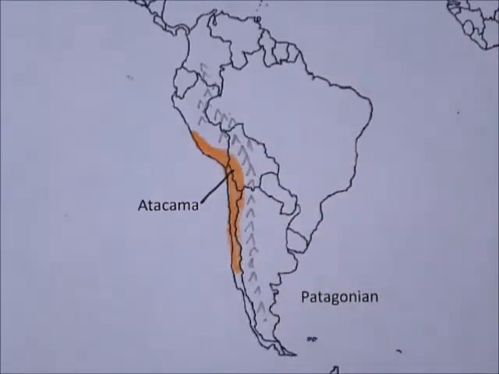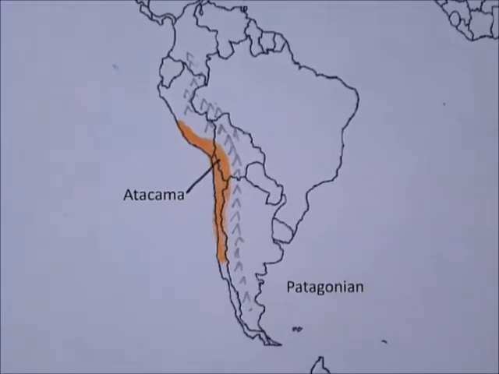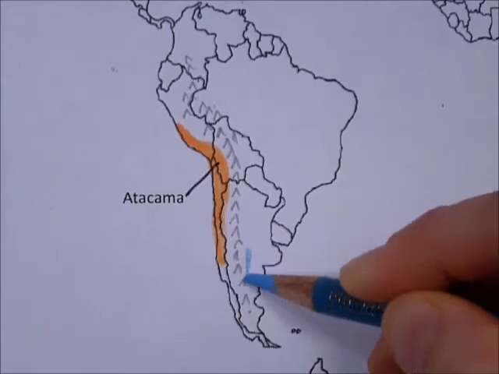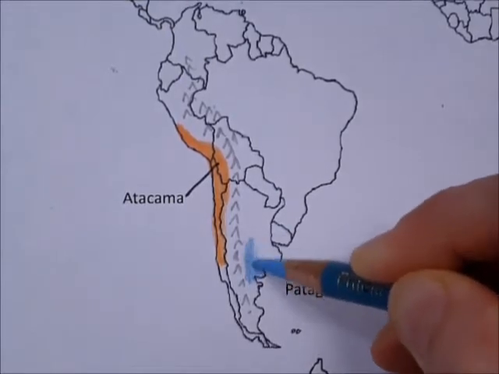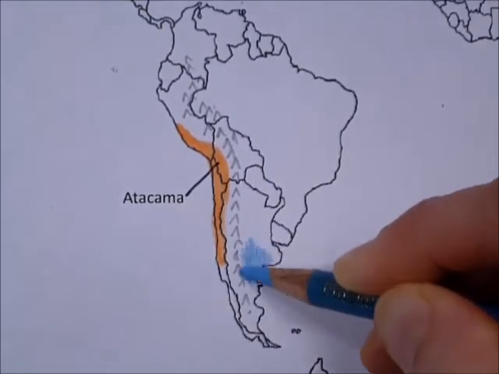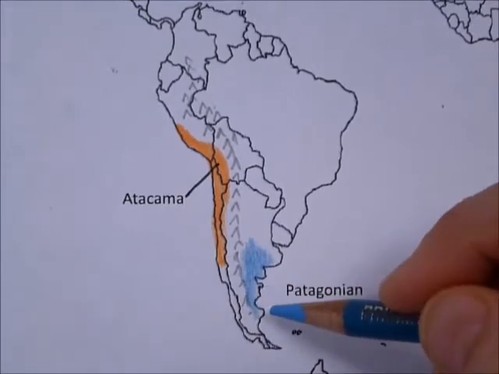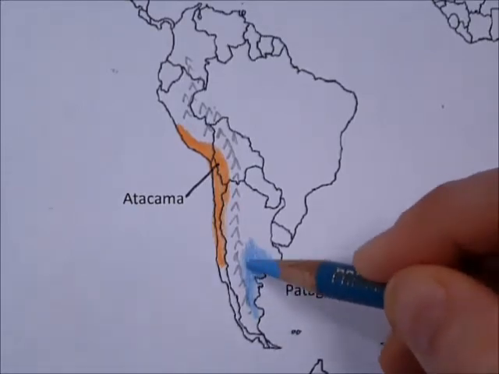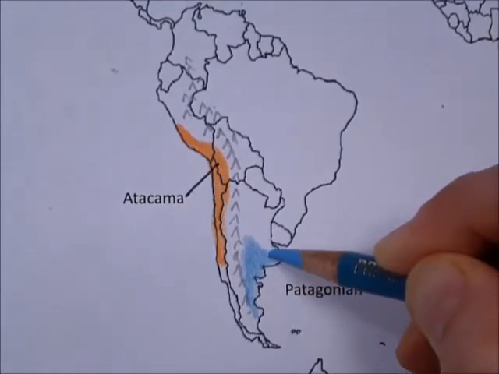And then the other area of desert is what they call Patagonia, down here. I'm going to use blue because it's a cold desert. Not all deserts are hot. Some are very cold. In fact, Antarctica is actually a desert. Technically, it gets less than 10 inches, or 25 centimeters of rain per year, so it's actually technically a desert.